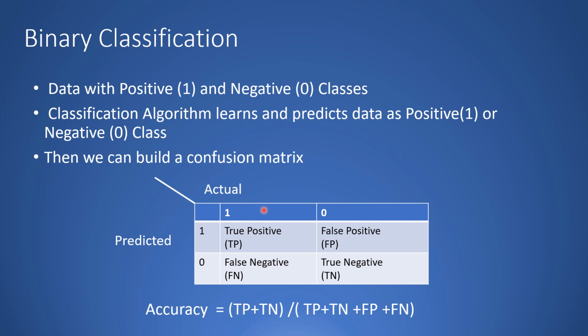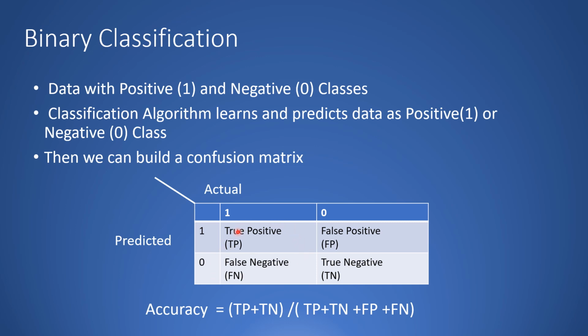The positive class, as I said, could be that COVID is present and the negative class is COVID is not present. This is on the training data, and you are predicting the result of the machine learning algorithm on the trained data. You get this particular matrix. The algorithm could predict the data as either positive or negative.